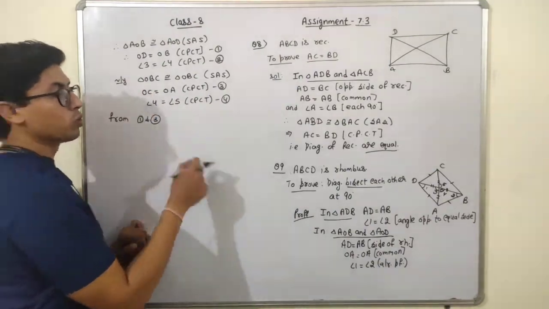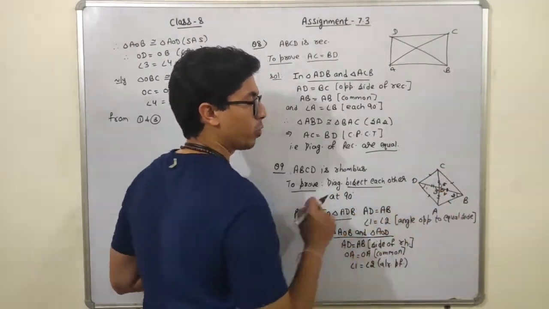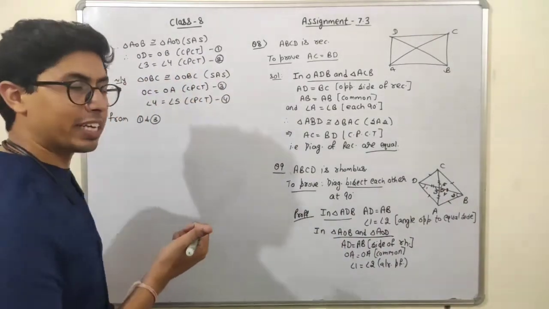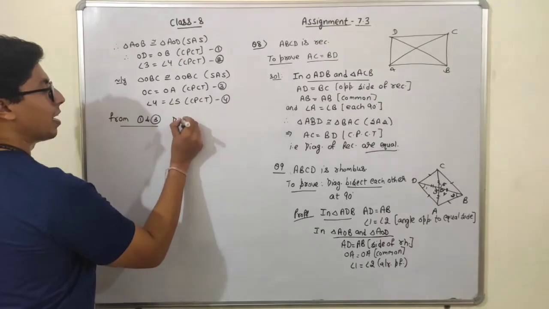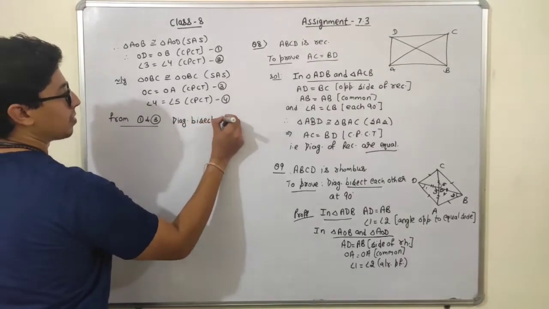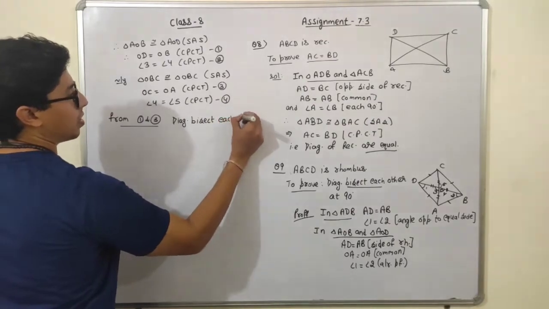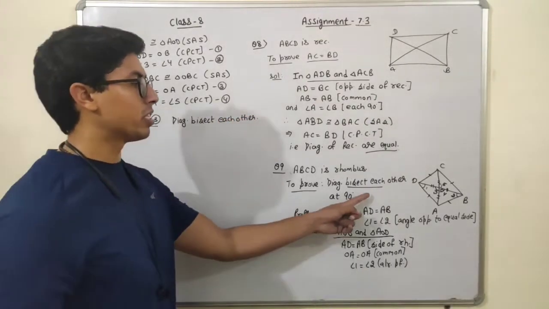From the third, OC is equal to OA. That means the diagonals bisect each other. From equations 1 and 3, we can say that the diagonals bisect each other. So half of the portion is done now.